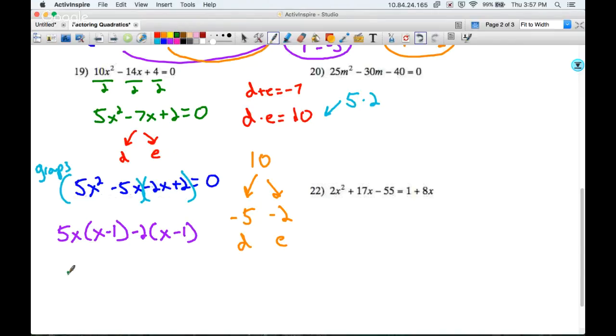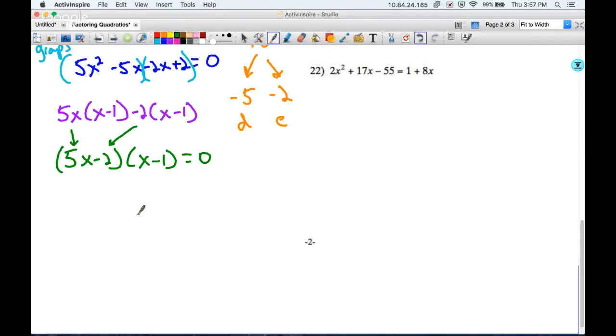Now I get 5x minus 2 is my first factor, times x minus 1, and this is still equal to 0. So let's keep going. We'll use the zero product property again, set each of these equal to 0: 5x minus 2 equals 0, and x minus 1 equals 0.